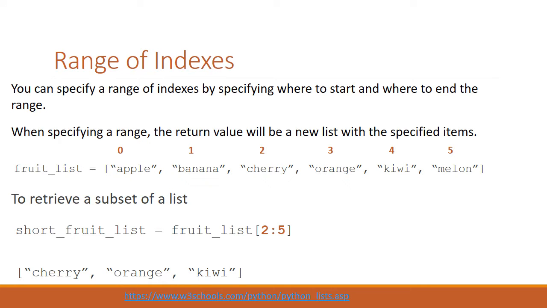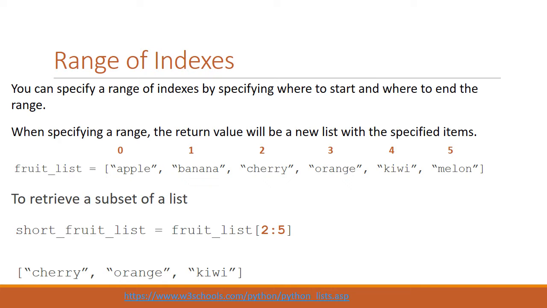You can specify a range of indices by specifying where to start and where to end the range. When specifying a range, the return value will be a new list with the specified items. So given our example fruit list, we have the items apple, banana, cherry, orange, kiwi, and melon.